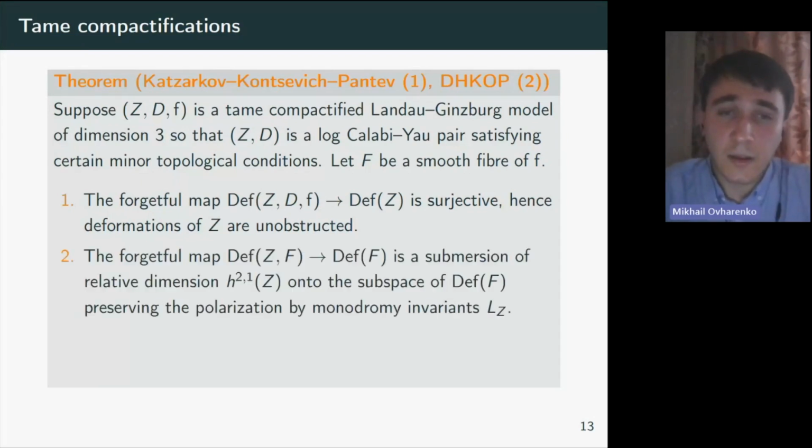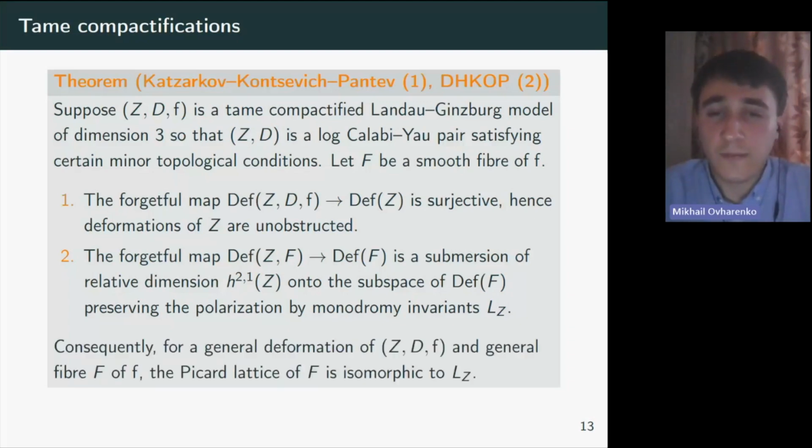And secondly, the forgetful map to the space of deformations of a general fiber is a submersion of relative dimension equal to the Hodge number h^{2,1} of Z, and the image is the subspace of the deformation space of the general fiber preserving the polarization by the lattice of monodromy invariants.